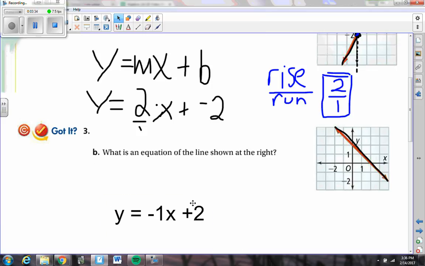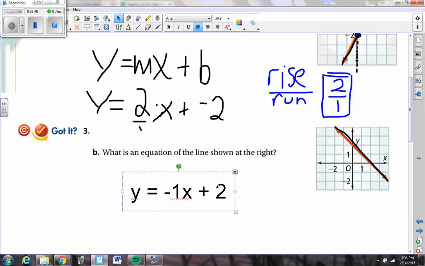All right, sorry for that interruption there. This equation should say y equals -1x plus 2. The plus 2 comes from our y-intercept being a +2 at the end of the equation, and the -1 comes from our slope from one point to the next being down 1 and over 1.